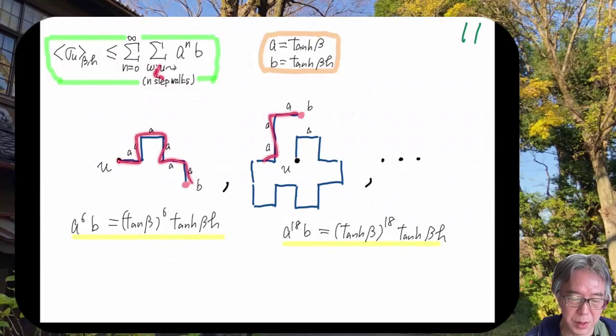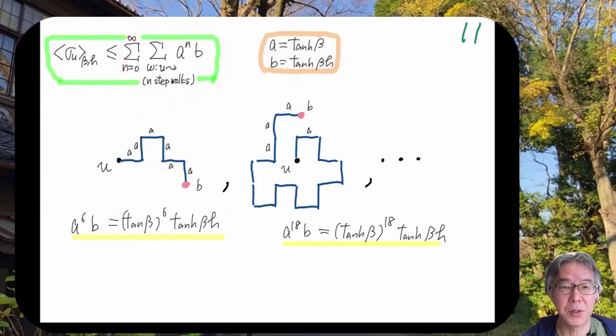They look like this. The factor A is hyperbolic tangent beta. As I said before, this represents the effect of interaction, and this B, of course, represents the effect of the external magnetic field. So the remaining task is to estimate this summation.